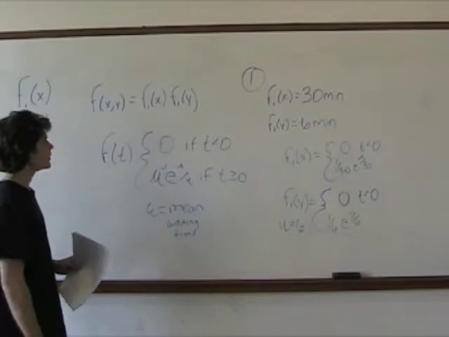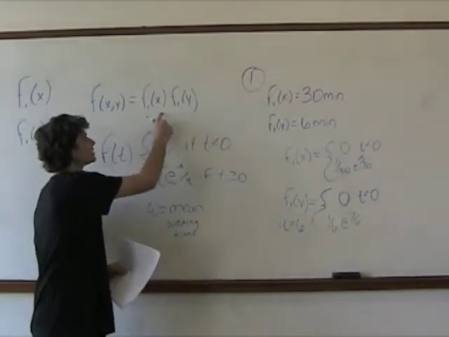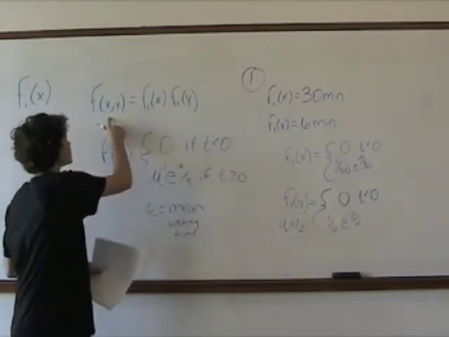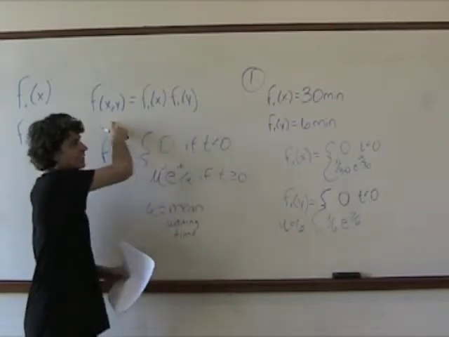Now remember, the product of our two probability density functions equals our joint density function.